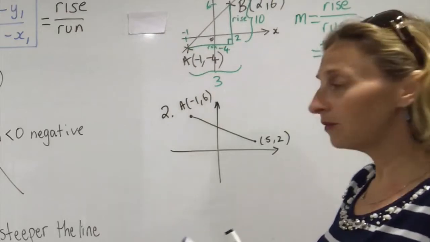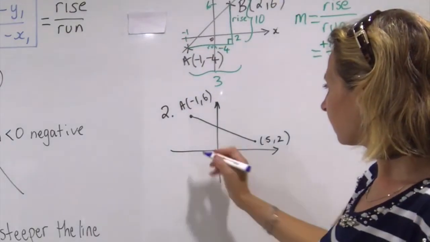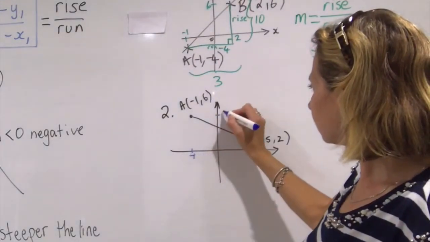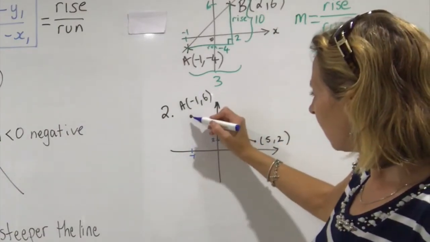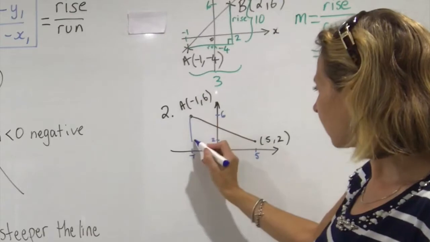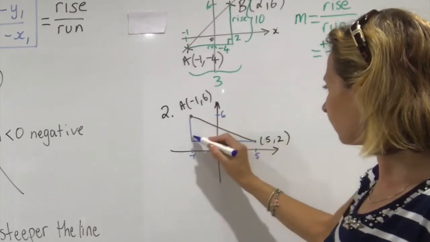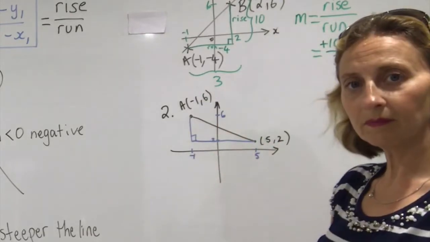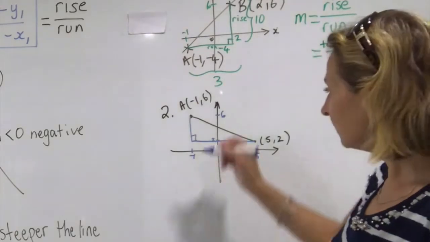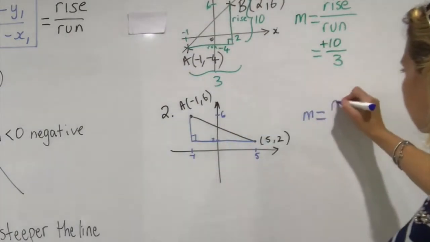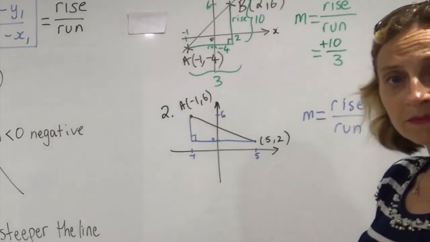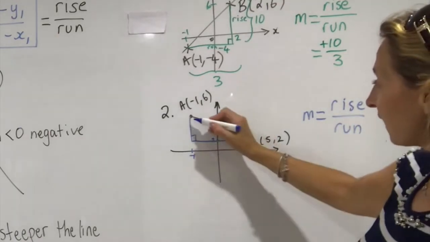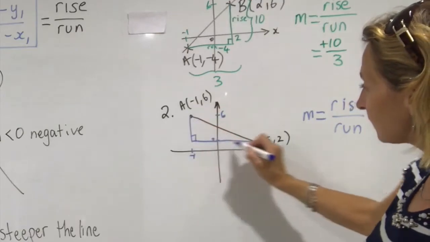Again, I'll label all the points, (-1, 6), (5, 2). I need to draw a horizontal and a vertical line. To find rise over run, the gradient is rise over run. Nothing new there. But I need to find that's the rise and that's the run.